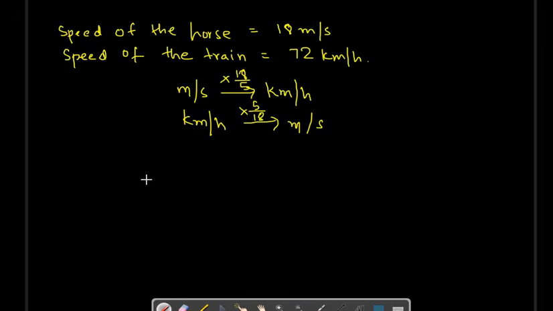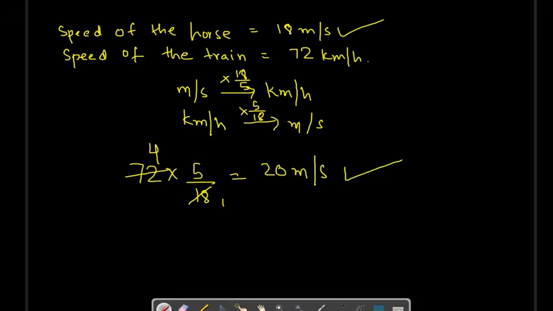So here 72 kilometer per hour, we have to convert it to meter per second. So we do 5 upon 18. 18 ones are 18, 18 fours are 72. So this gives us 20 meter per second. All right. Now you compare the speed of the horse with the speed of the train. You see that the train is 2 meter per second faster than the speed of the horse.